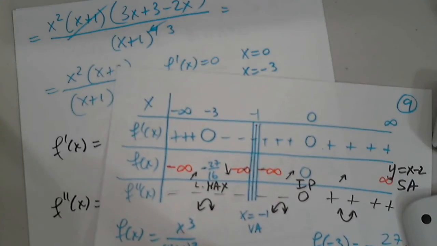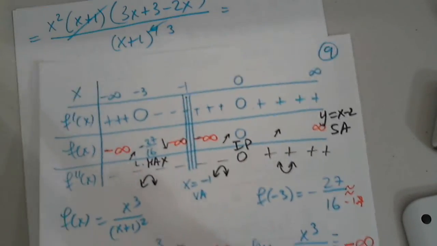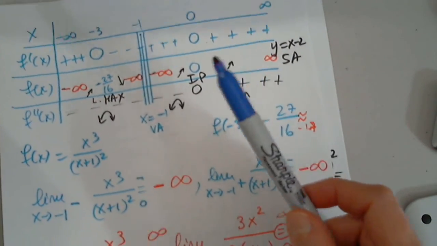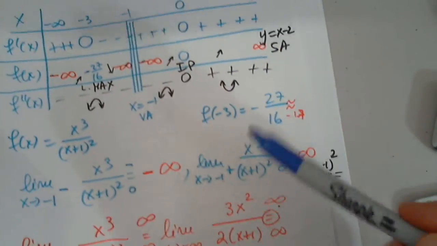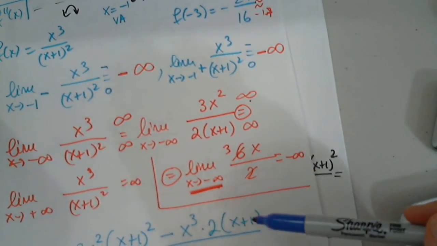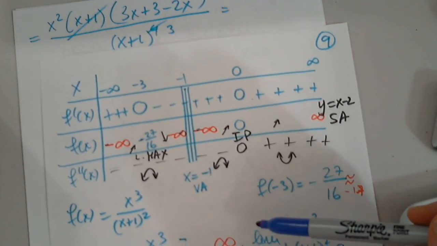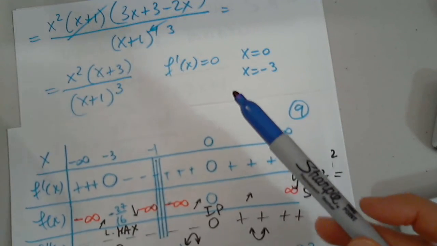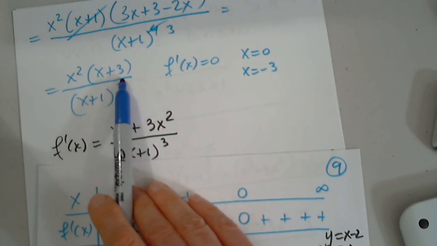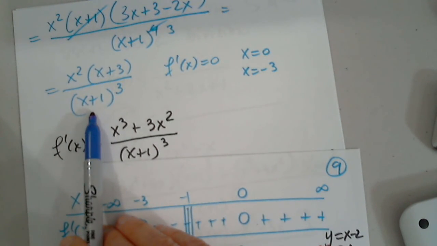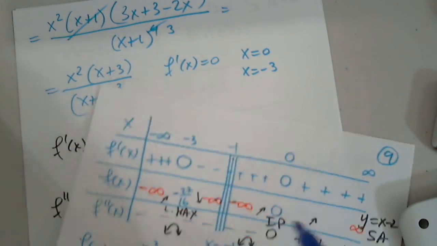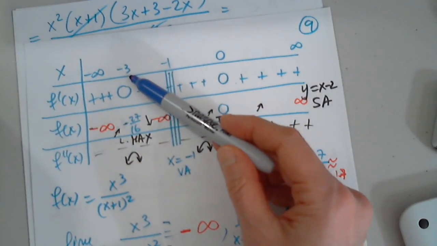Oh, no, I'm okay. So x squared is out, so then 3x plus 3, that's correct. So x squared is out, x plus 1 is out. Yes, and minus 2x, that's correct. So then I have x plus 3 and x plus 1. So 0 and negative 3. Everything is correct.